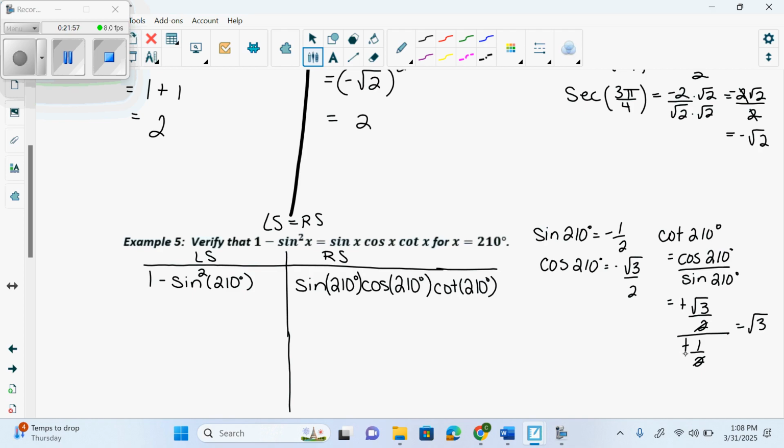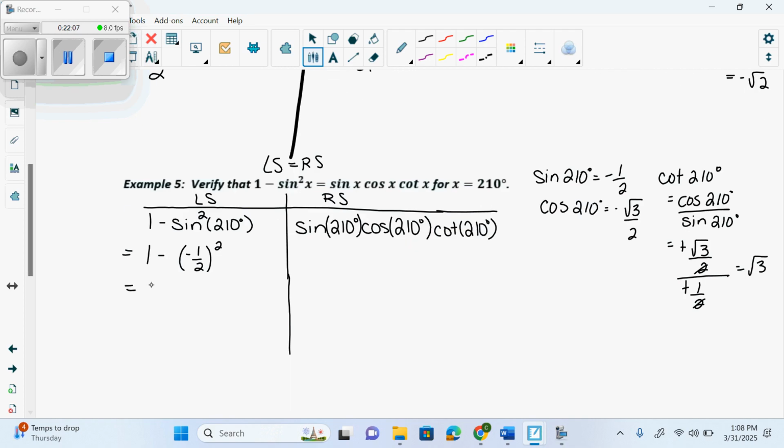Let's do some work here. So we're going to get 1 minus negative 1/2 squared, which equals 1 minus 1/4, which equals 3/4.